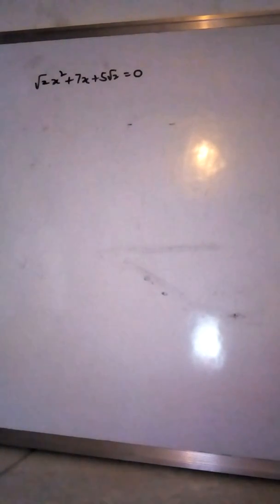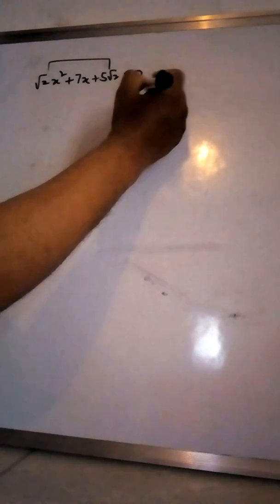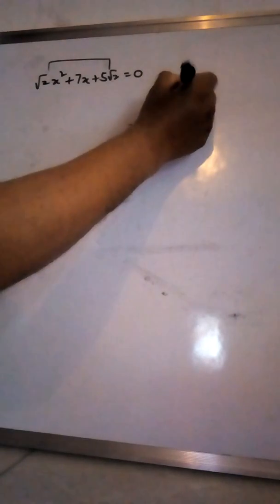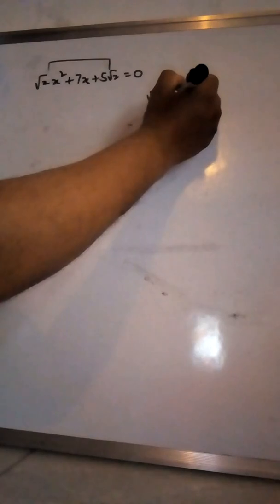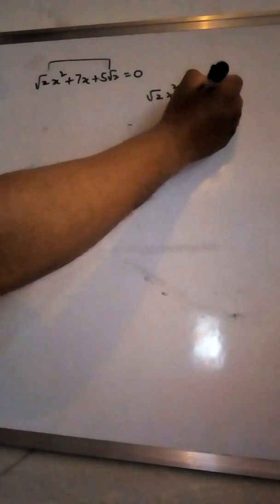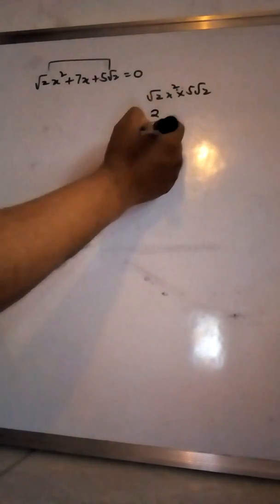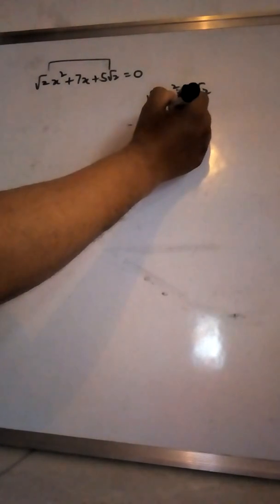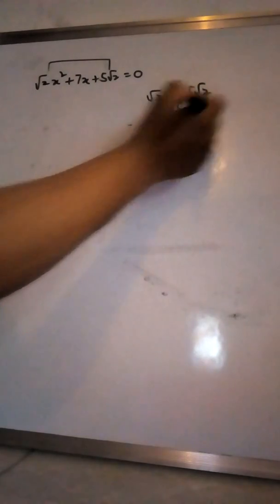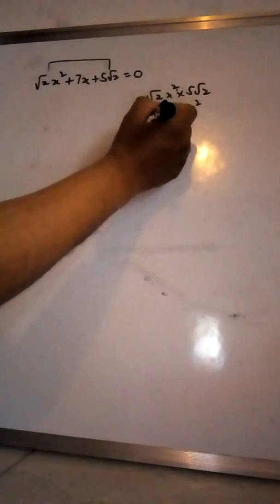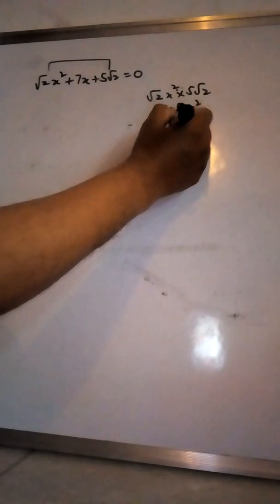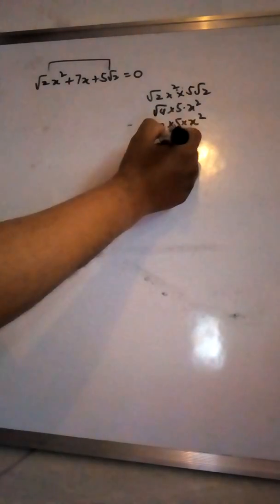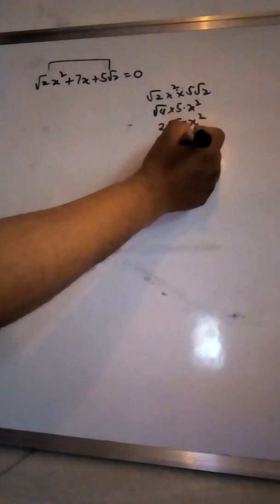So now multiply the square term with the constant term, so it will be root 2 x square into 5 root 2. That is root 2 into root 2 will be 2, because root 2 into root 2 is also root 4, into 5 into x square. Square root of 4 is 2, into 5 into x square. So that is equal to 10x square.